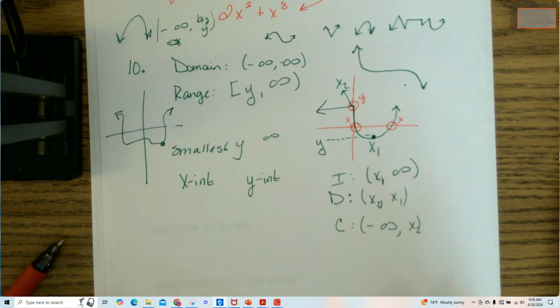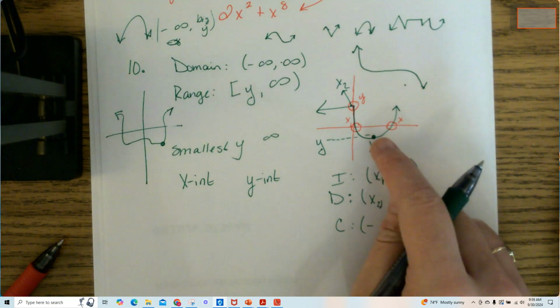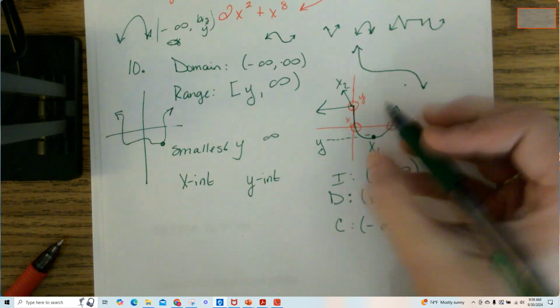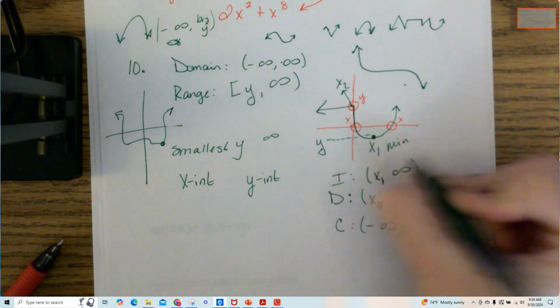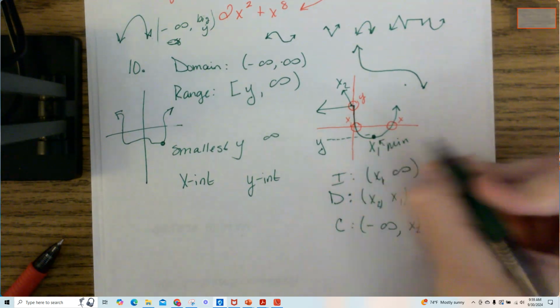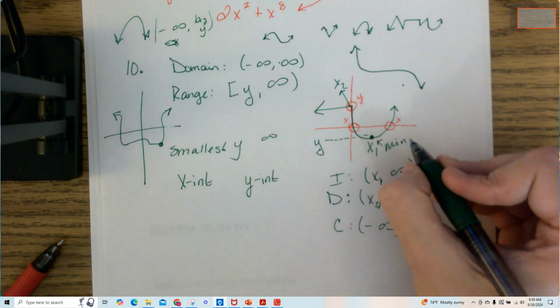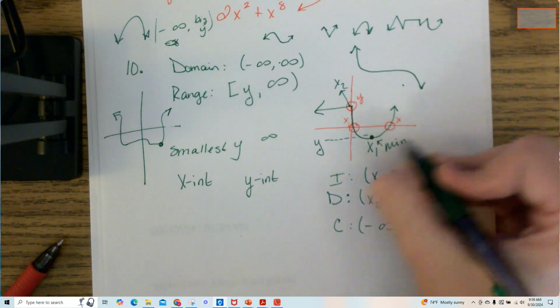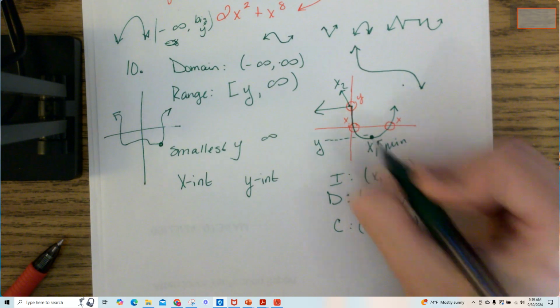Okay, what else in this one? What is the number at which f has a relative minimum? The minima would be this x value. What is the relative minimum? It would be the y value of that.